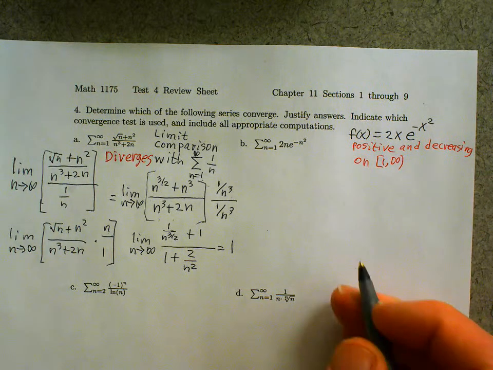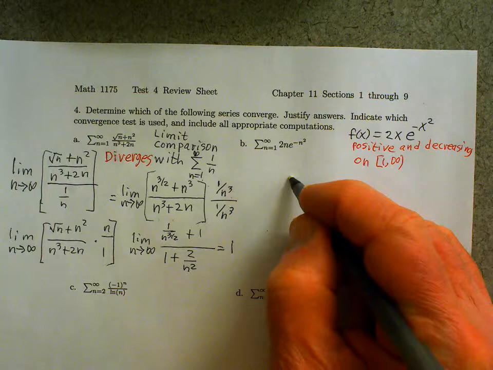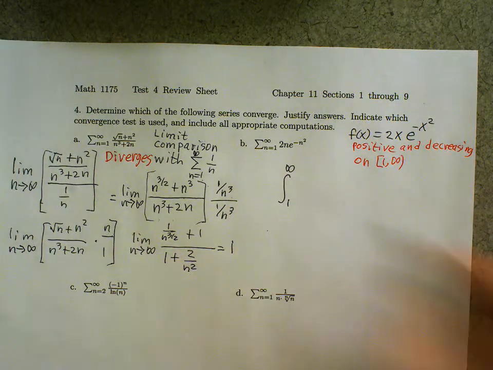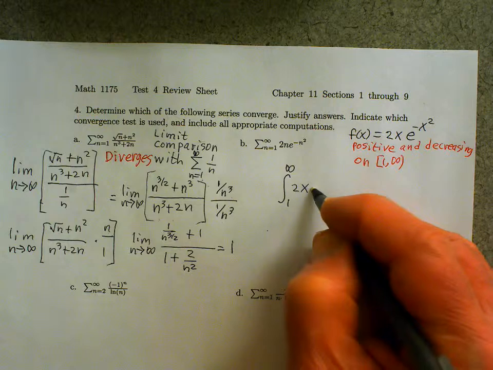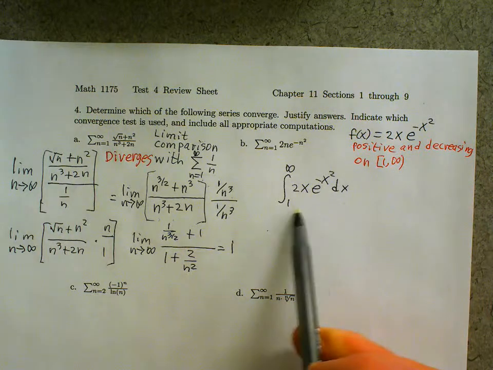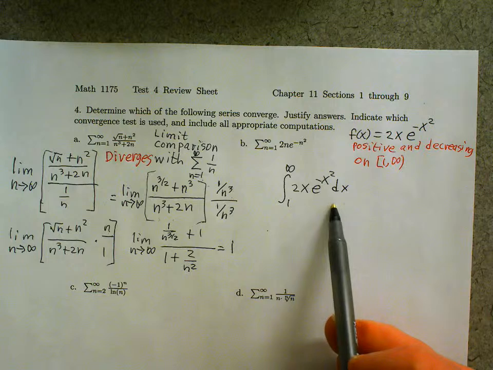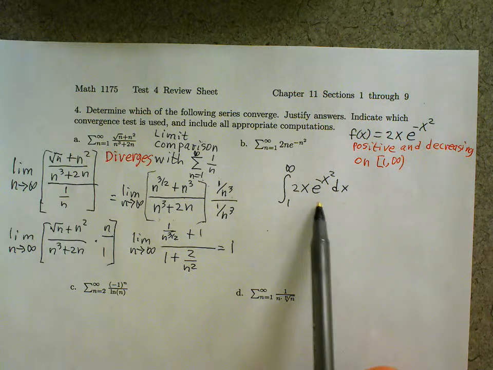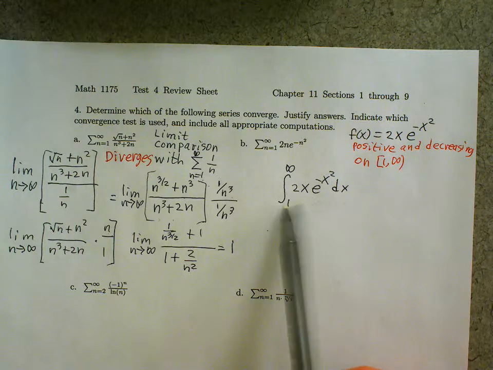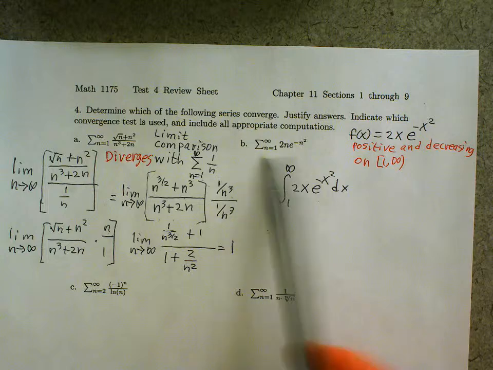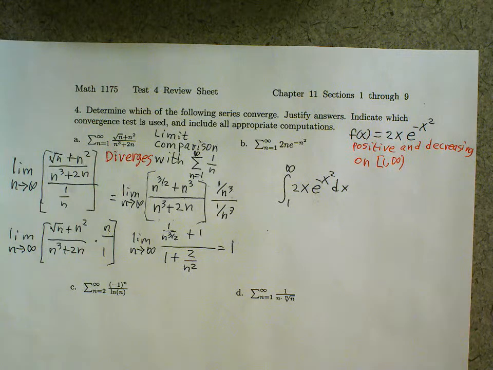The integral test says if the improper integral from 1 to infinity of 2x e to the negative x squared dx converges, then the infinite series also converges. And if the improper integral diverges, then the infinite series also diverges.